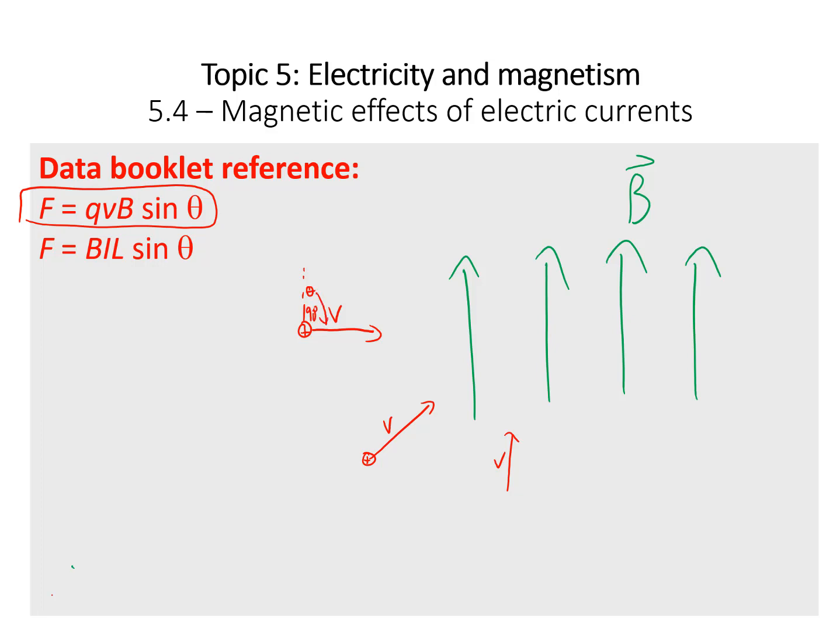Theta is this angle here. Since my magnetic field is up, theta is 0 here.